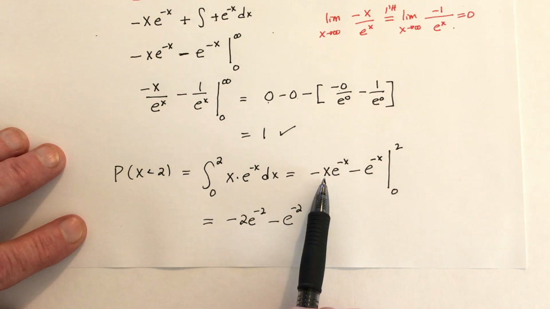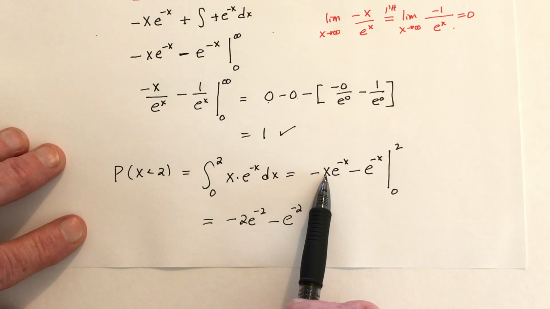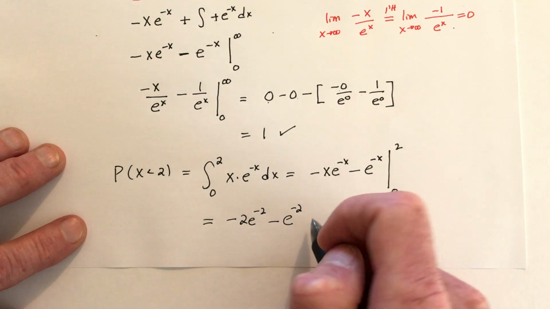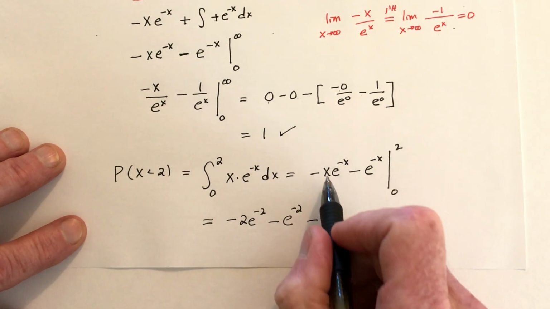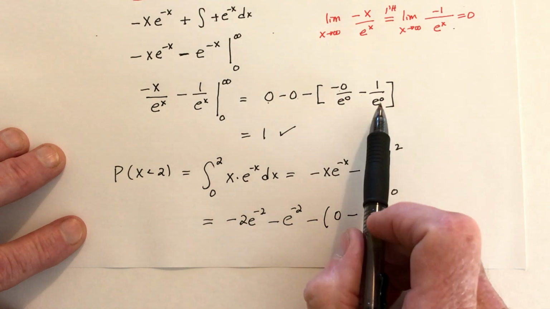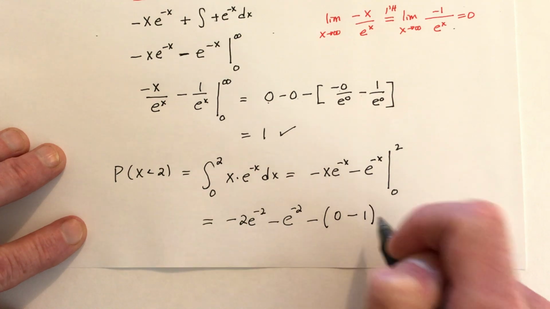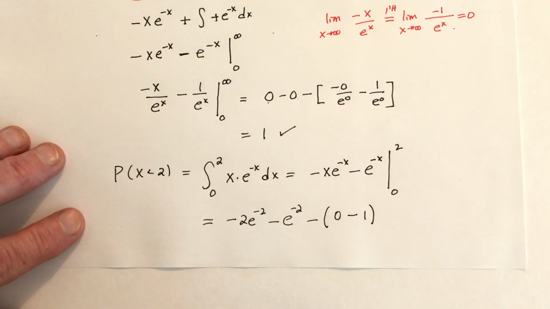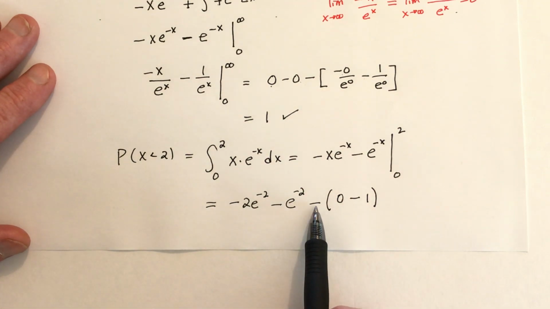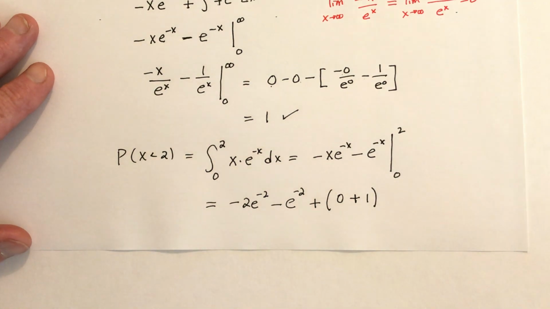And then when you substitute 0, this is going to be 0 times something, so that's 0. And then if you remember, this one gave us a 1. So it's going to be minus, and then this one's going to give us a 0. And then minus, that is going to be a 1. And then how much does all of this equal? Well, this negative and negative would become a positive, so I can just put positive 1 right there.